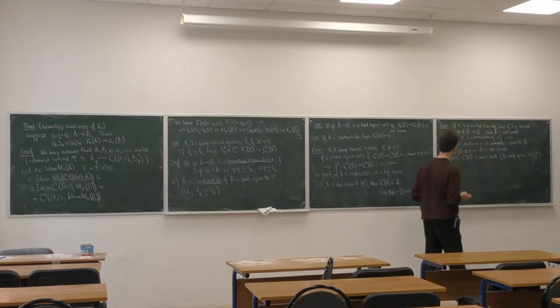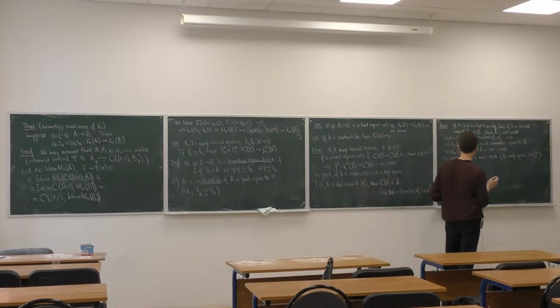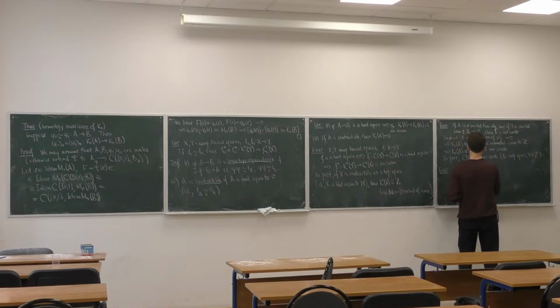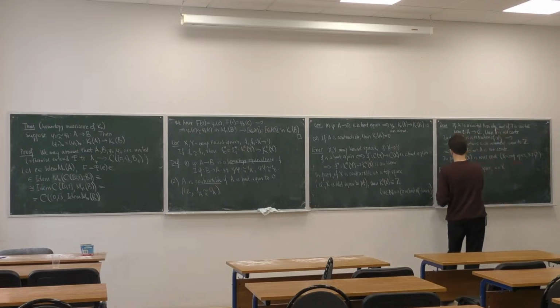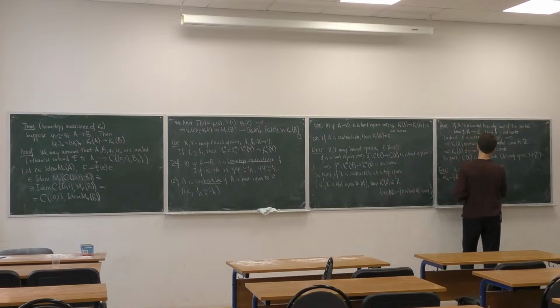Nevertheless, there exists a certain relation between these two versions of contractibility. So I suggest you the following exercise. Suppose that X is a compact Hausdorff topological space, and let's choose a point x0 in this space, and let's consider the maximal ideal, let's denote it by m x0, in the algebra of continuous functions on X of those functions which vanish at x0.